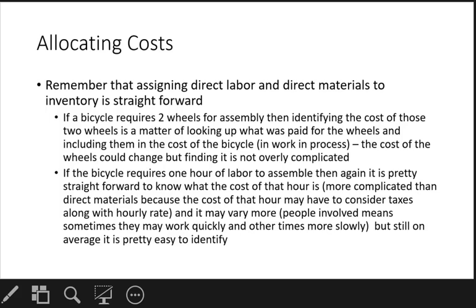Those are direct materials, and all we need to do is look up the cost of those 2 wheels and include them in the cost of the bicycle. So if we use 2 wheels, then the cost of 2 wheels moves from direct raw materials into work in process, and when we finish the bicycle it moves into finished goods, and when we sell the bicycle on to cost of goods sold.